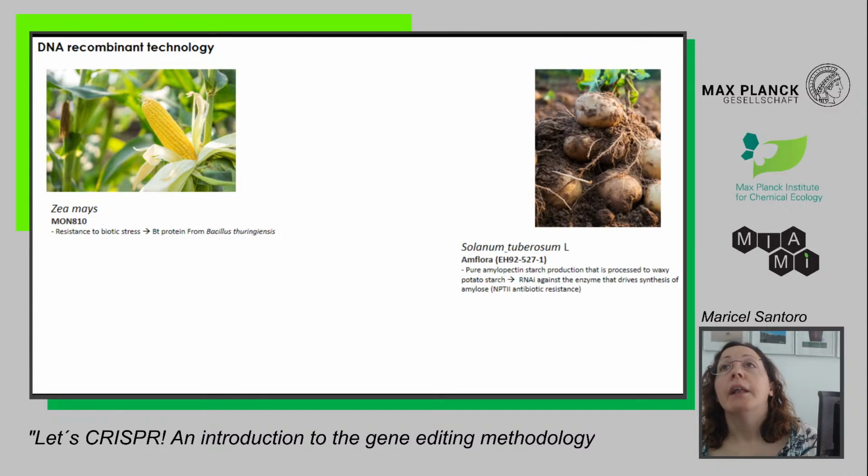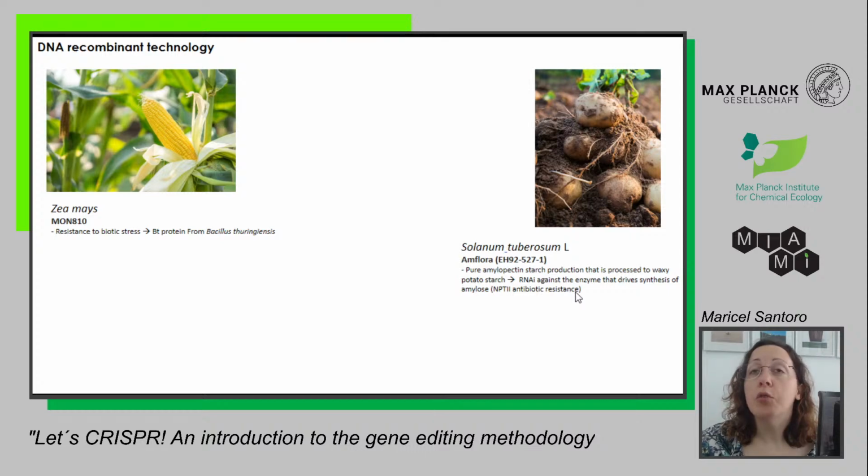Another example is potatoes, where the starch is a very important industrial characteristic. The starch is made of two components, and the one of industrial interest is the amylopectin.